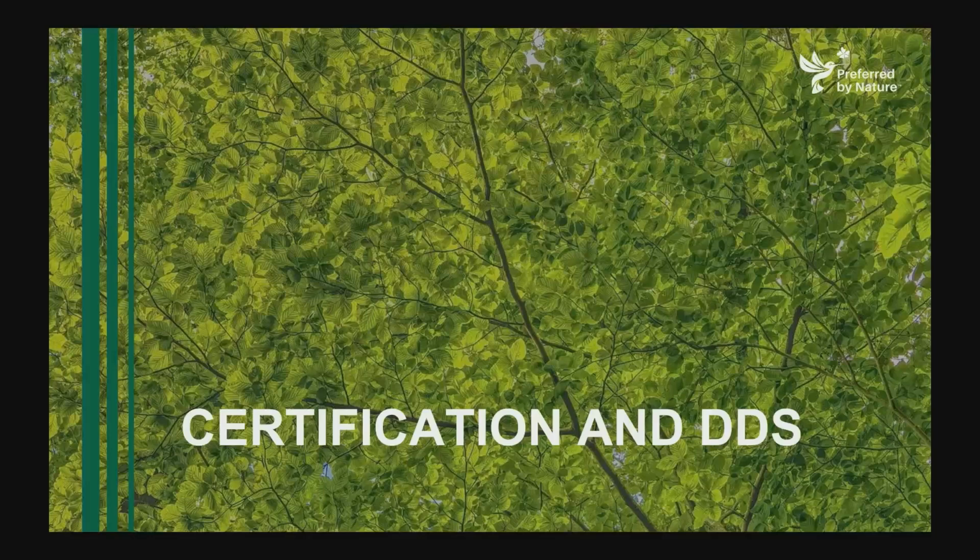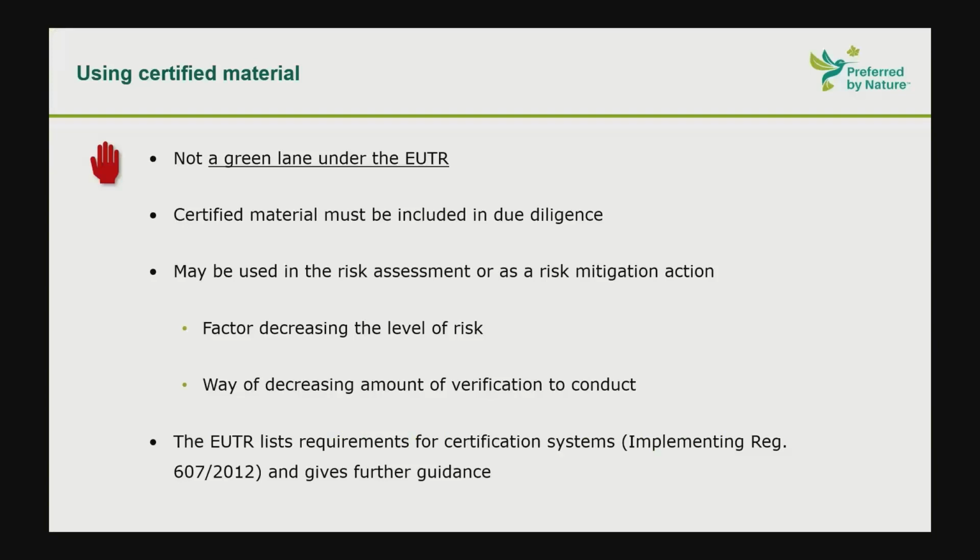Now, yeah, let's have a few words on certification and due diligence. So, certified material is not a green lane under the EUTR. What it means is that certified material must be included within your due diligence system, right? It is not exempt, such as exempted products can be, or FLEGT licenses can be.